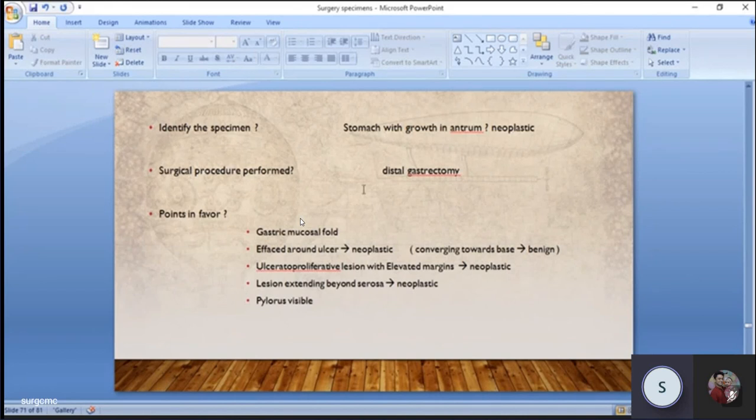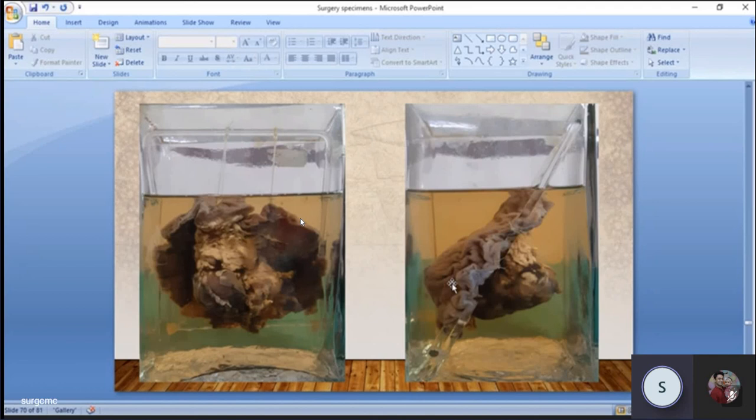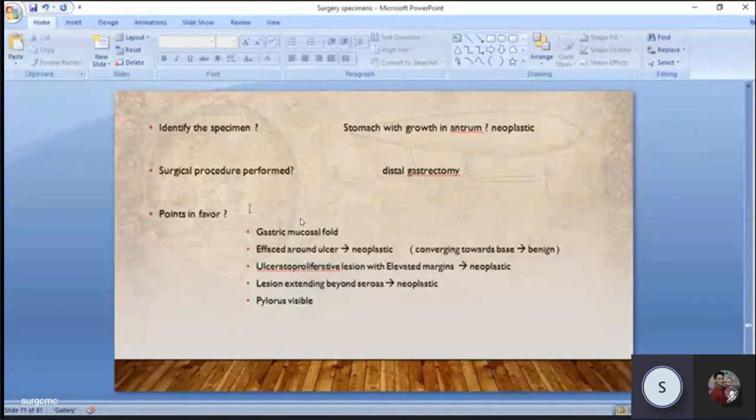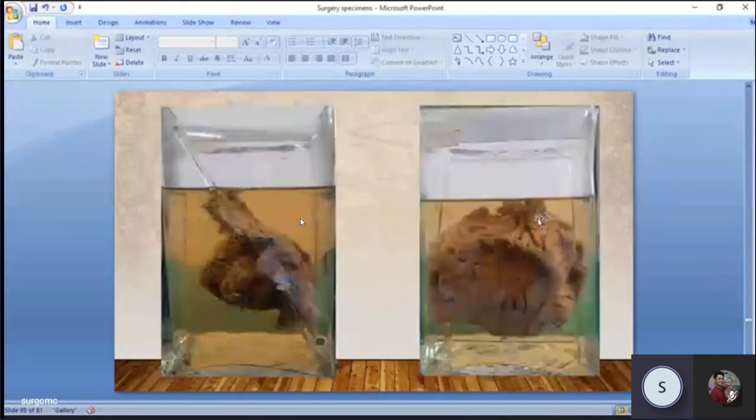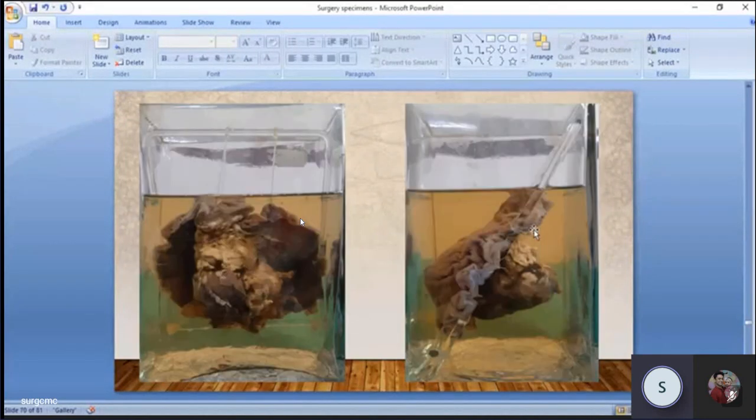What surgical procedure has been performed? Distal gastrectomy. It is not total gastrectomy; you cannot see the full stomach here. So it is subtotal gastrectomy or distal gastrectomy. Points in favor: gastric mucosal folds. By seeing these mucosal folds or rugosity, you have to identify this is the gastric specimen.